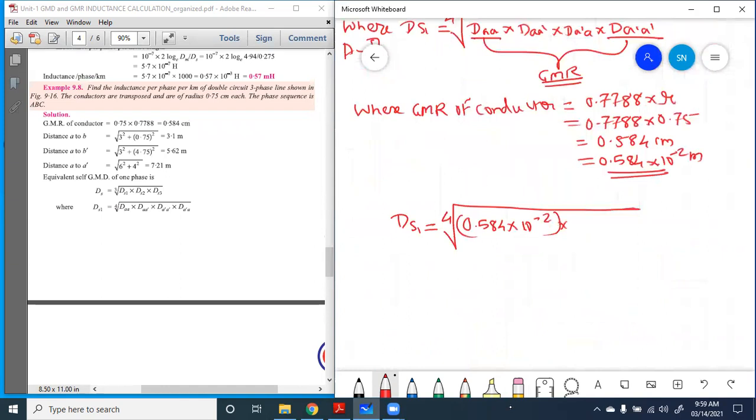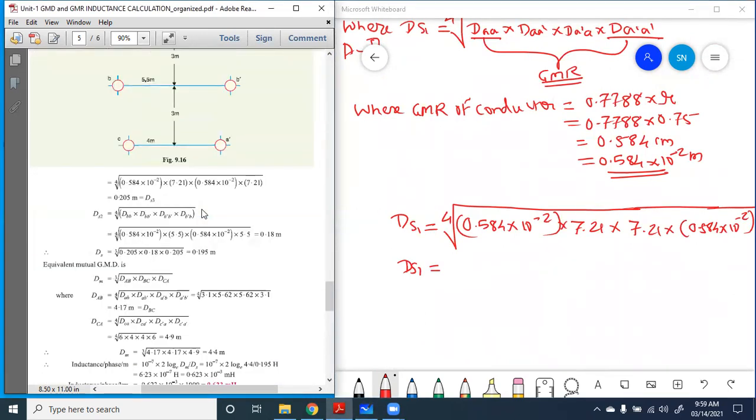Put the value 7.21 into the distance between A' and A, again 7.21, into 0.584 into 10 raised to the power minus 2, the GMR of the conductor. Now put the values and solve: Ds1 is equal to 0.205 meter. This answer is in meter.